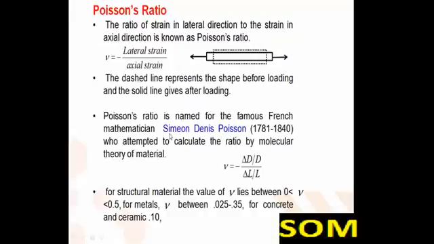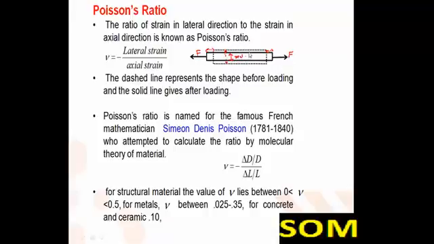Now Poisson ratio. Consider that we apply a load; this much elongation will occur and the diameter reduces by this amount.